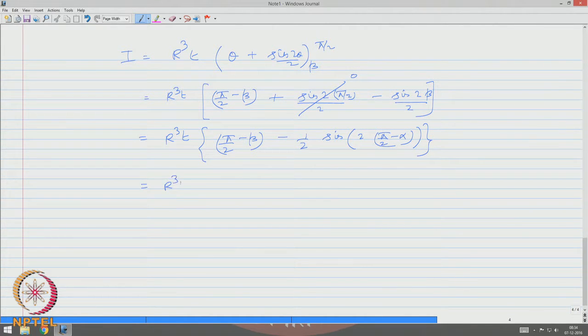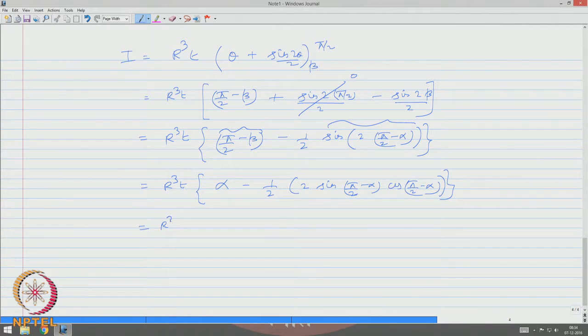So, this can be r cubed t times (alpha minus half sin 2 alpha), so this term can be expressed as sin 2 alpha, which is twice sin alpha cos alpha.